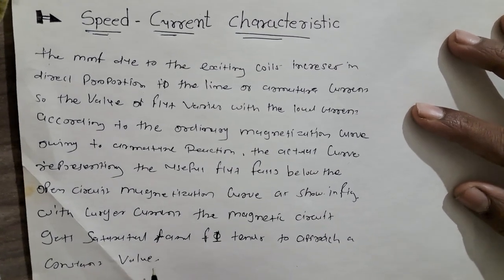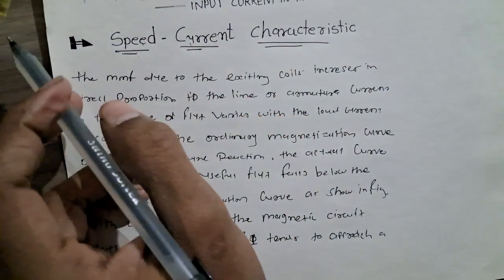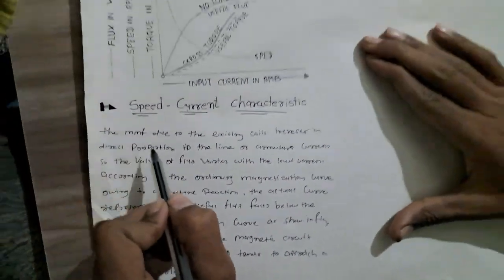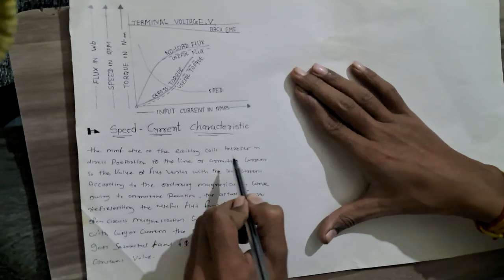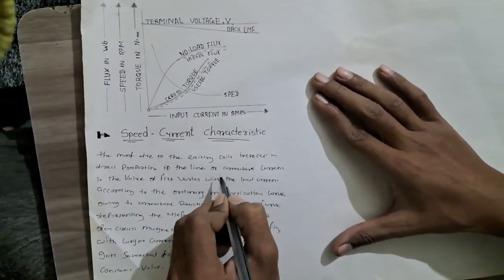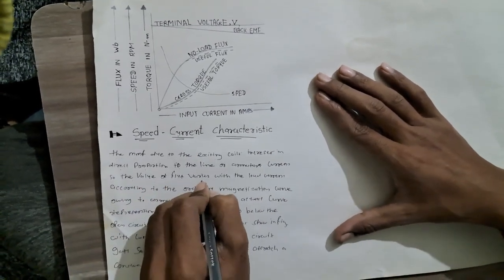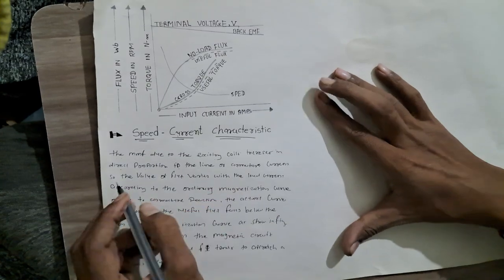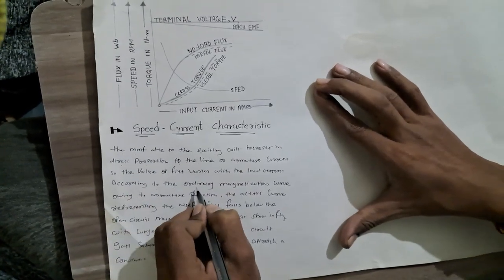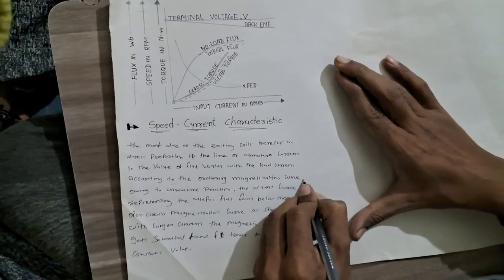So, the speed-current characteristic: the MMF due to the exciting coils increases in direct proportion to the line or armature current. So the value of the flux varies with the load current according to the ordinary magnetization curve.